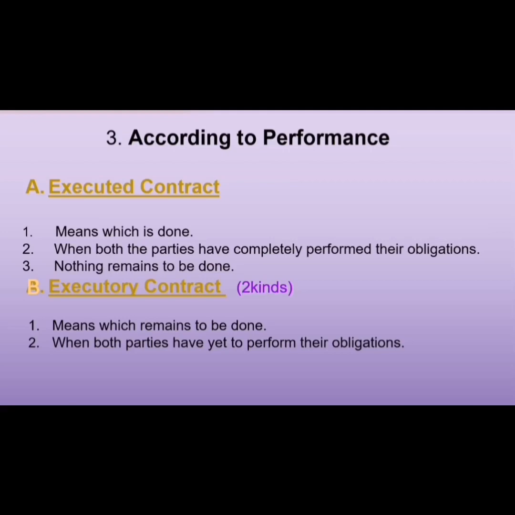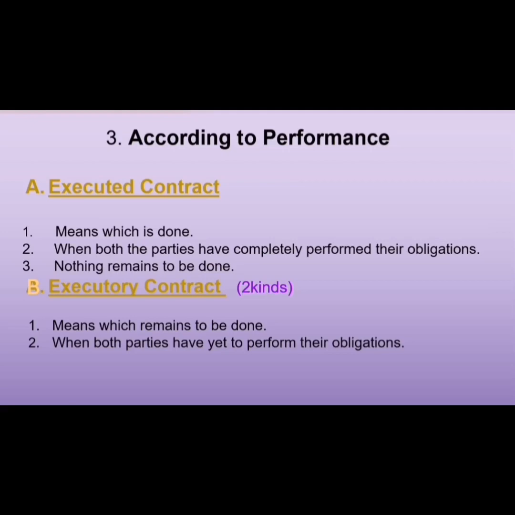In an easy way to understand, when both parties have performed their respective parts of promises, nothing is left to perform. In normal situations, when both parties have fulfilled their obligations and nothing is left to perform on their respective parts, it is called executed contract.